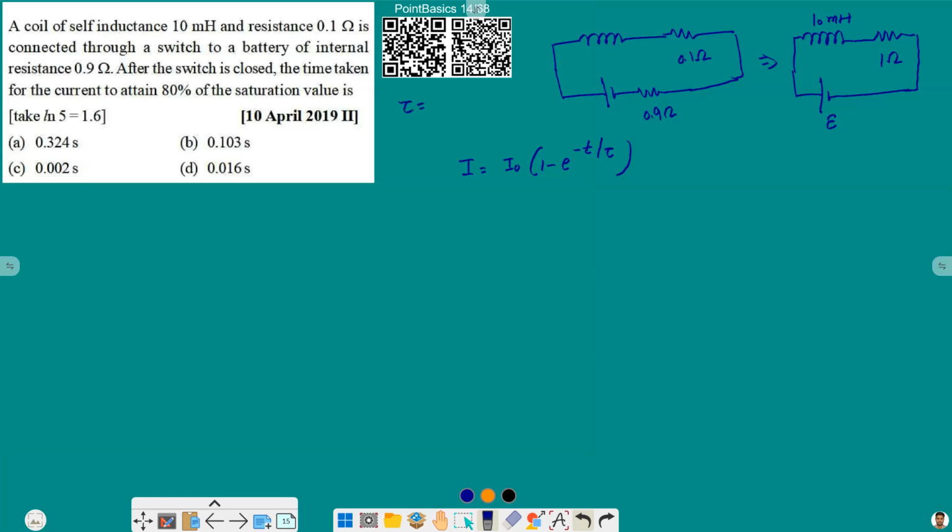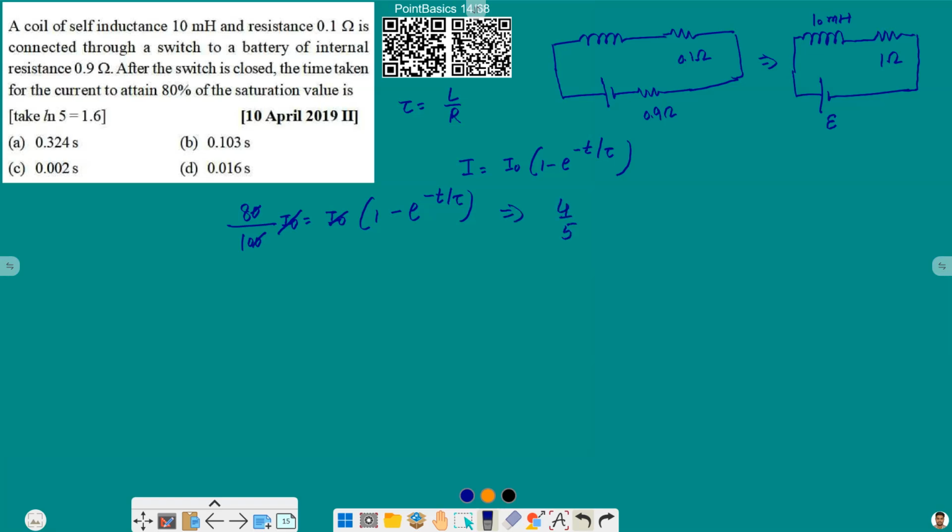It is given by L by R. So here current is 80%. So I is 80 by 100 of I0, which is equal to I0 times (1 minus e^(-t/tau)). I0 gets canceled, and we have 4 by 5.